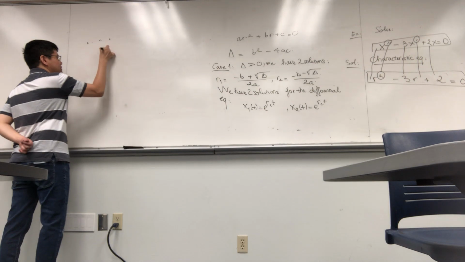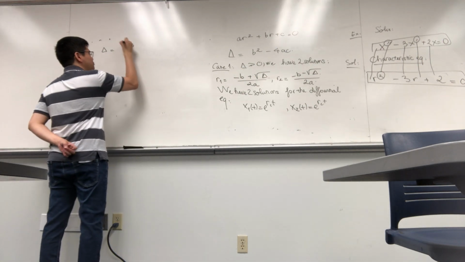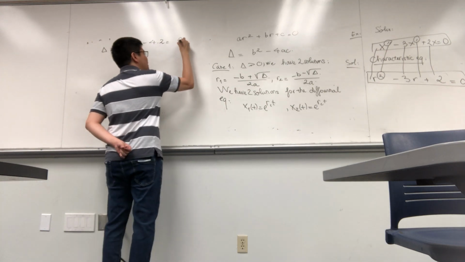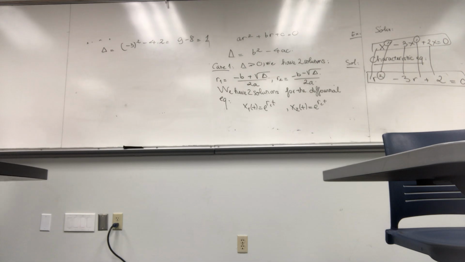So what is the delta? Negative 3 squared minus 4 times 1 times 2. What is it? It is 1. The delta will be minus 3 squared, minus 4 times 2. So this is 9 minus 8, and this is 1. All right? So what are the two solutions?